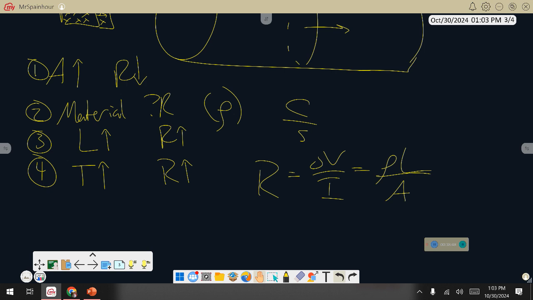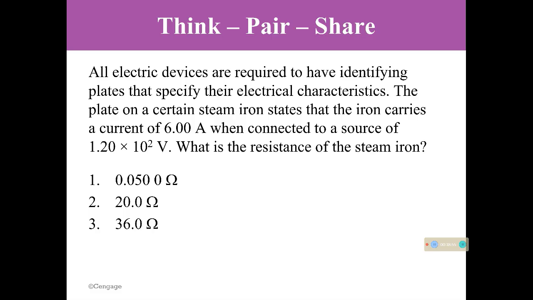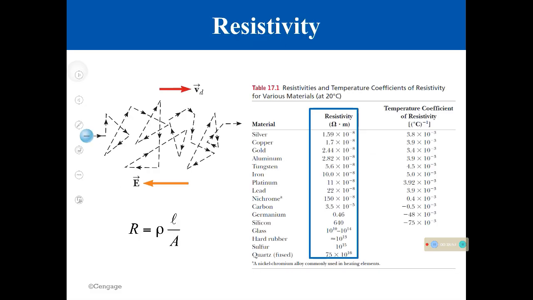I'll actually switch over to the notes now. Notice I haven't covered the fourth factor. I definitely will. So there you go, there are the resistivities for various metals. As you would expect, glass doesn't let current through, so it's got a very, very high resistivity. I thought air was on here. Maybe it's not, because it's all over the place.